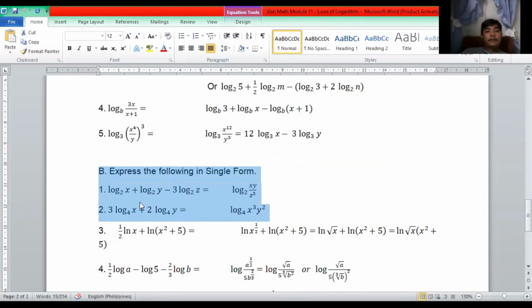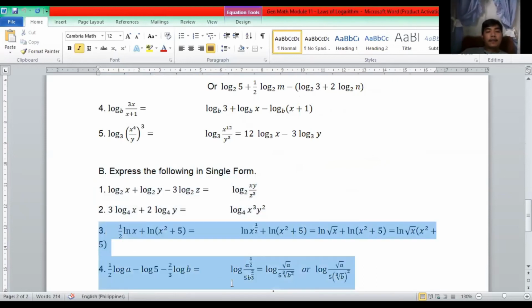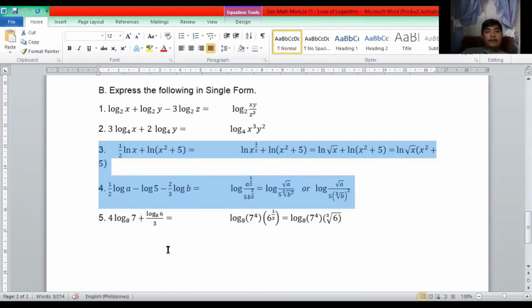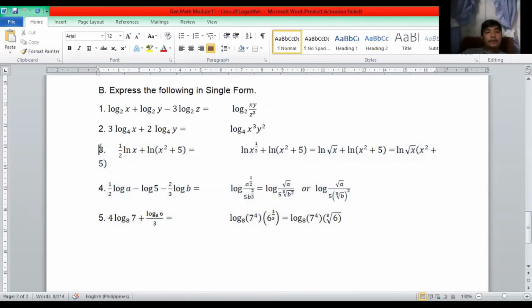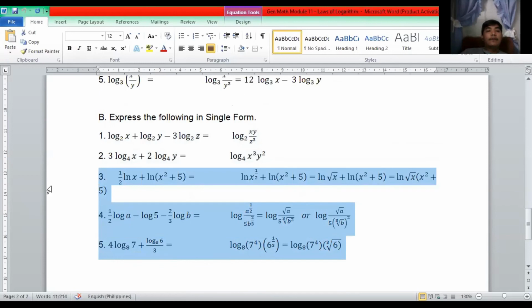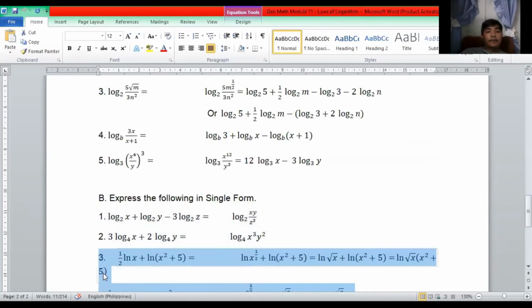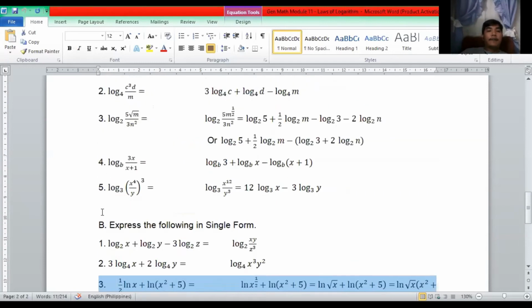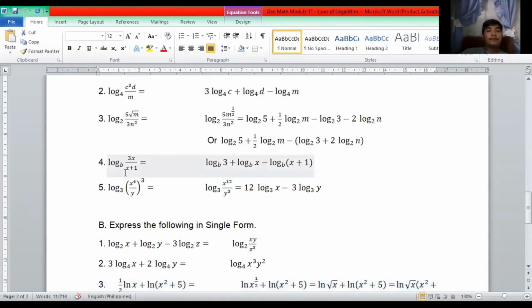So for the remaining 3 examples, I already discussed these first 2 examples. So I'm challenging you again to solve numbers 3, 4, and 5, as well as this one.